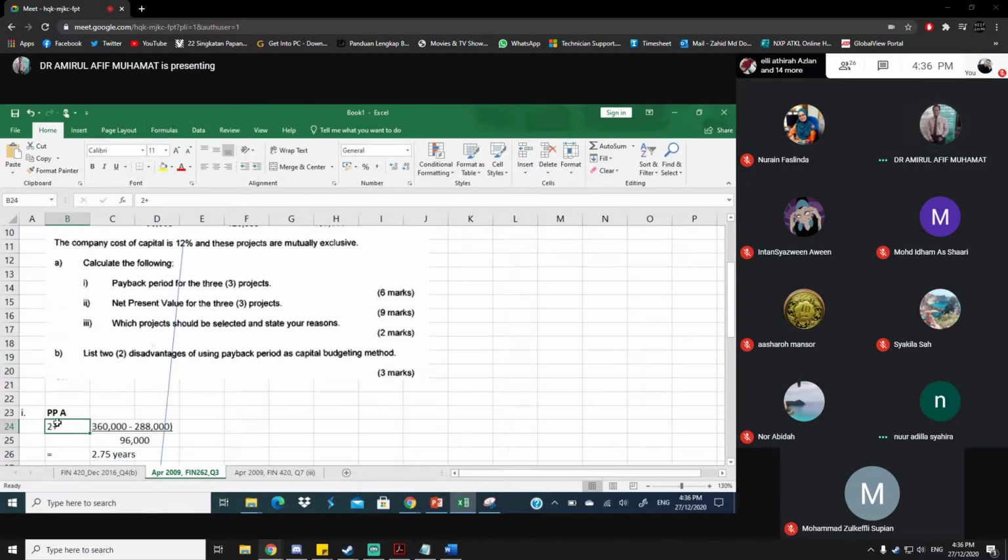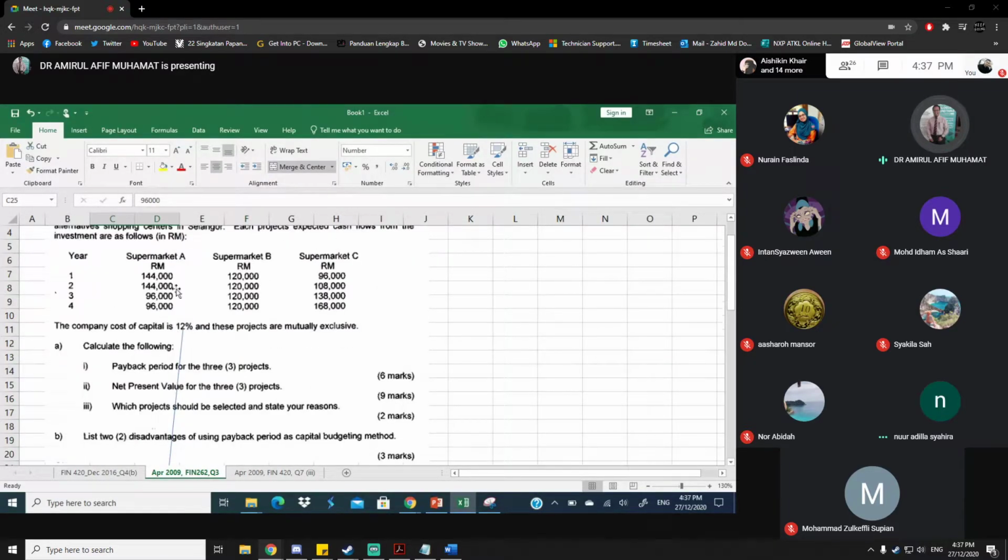So 2 years plus the remaining portion. The amount of the 2 years here is represented by 288,000. So the initial outlay, the cost 360,000, minus 288,000, divided by the amount in the third year.